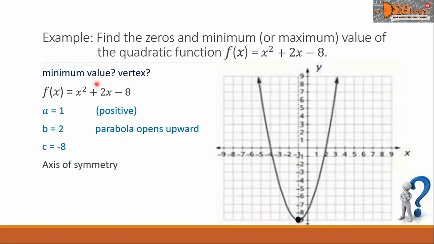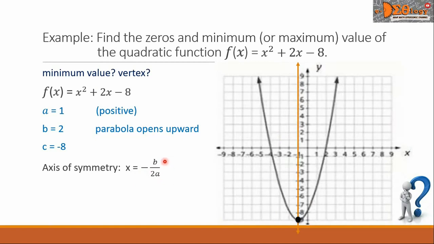To compute for the minimum value, let's begin with our axis of symmetry. Remember, this axis of symmetry is a line. It is a vertical line that passes through the vertex. So this is our axis of symmetry, and the equation is x equals negative b over 2a.